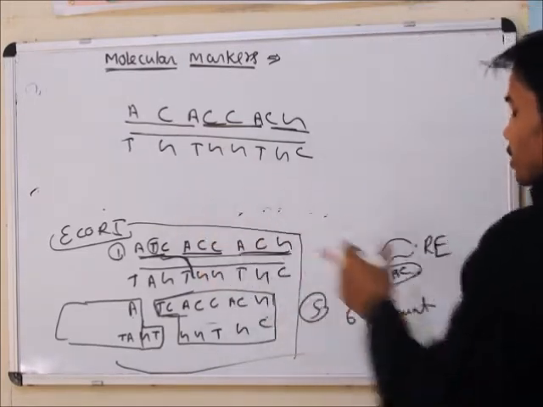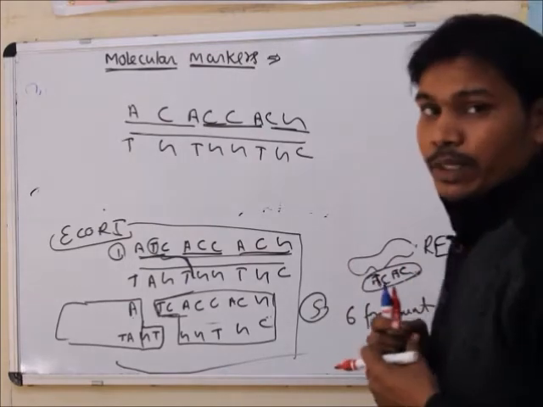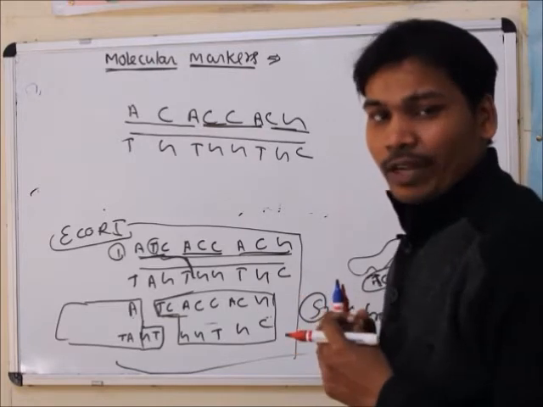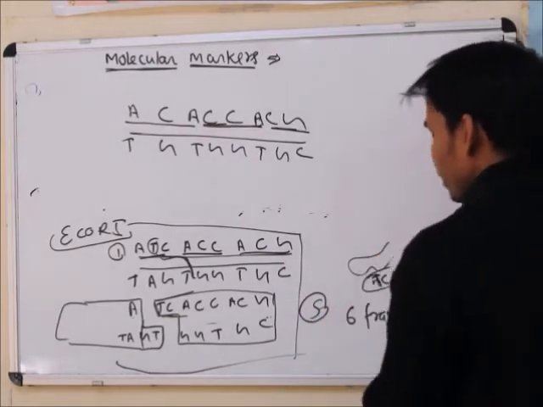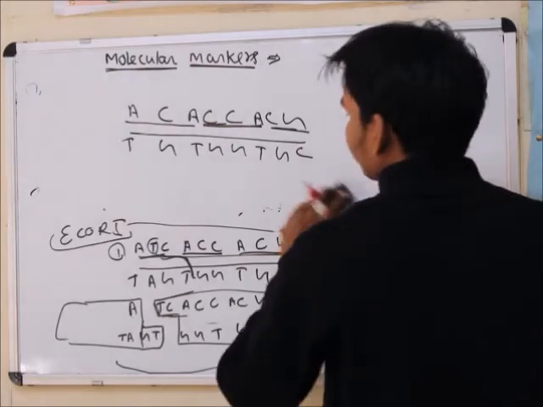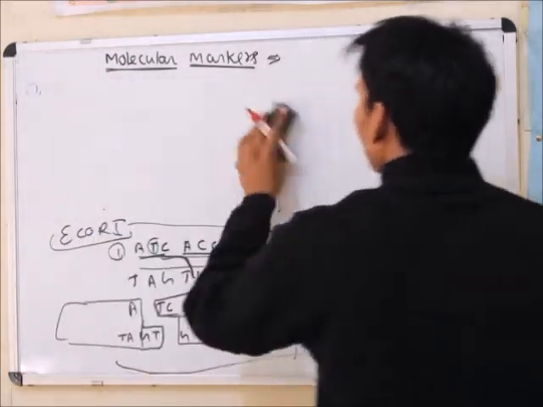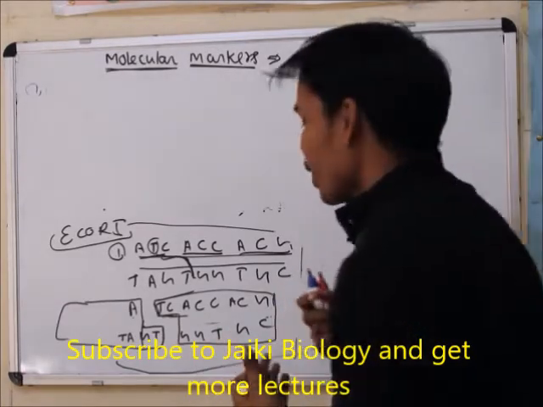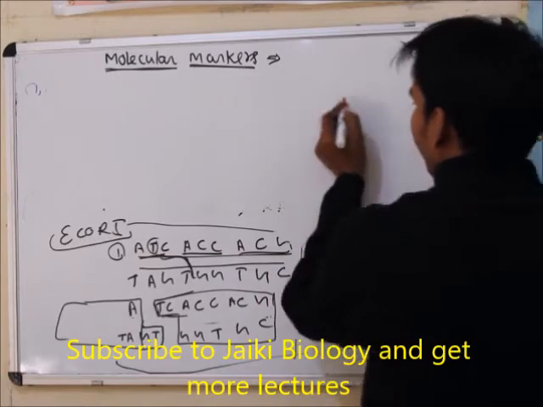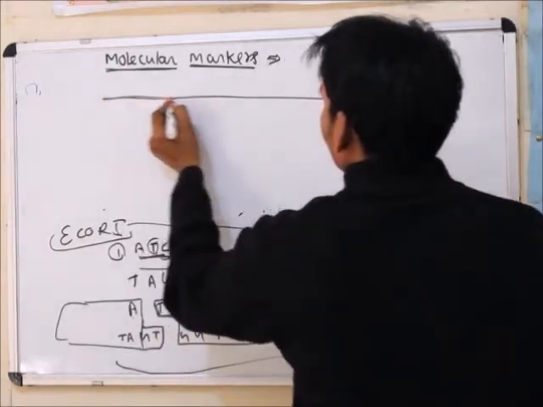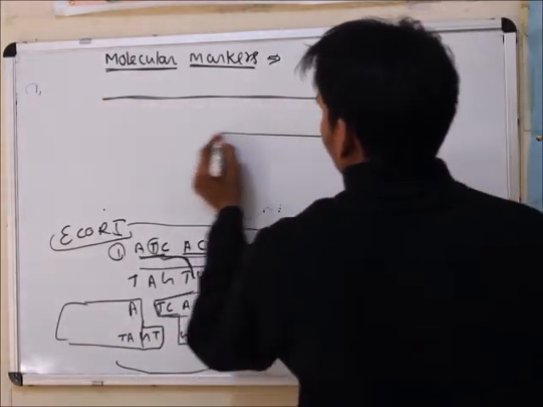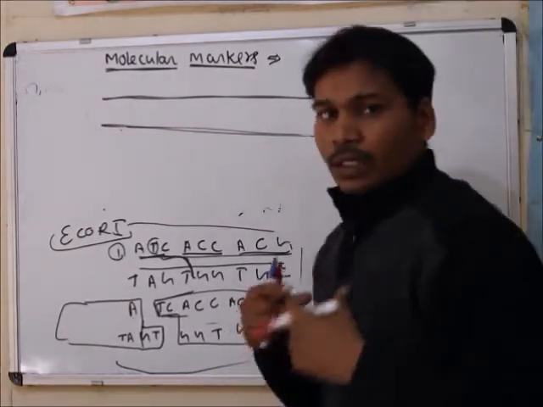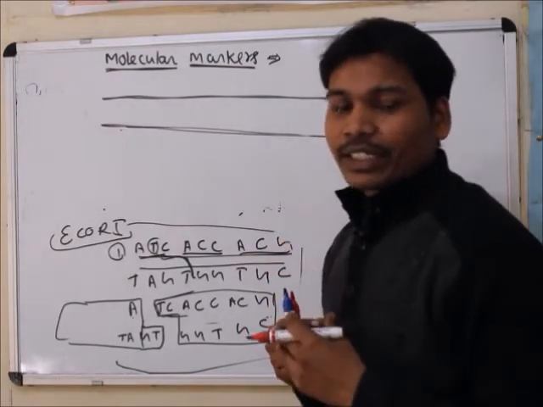I was taking the restriction endonuclease example of RFLP, restriction fragment length polymorphism. That is an example where a restriction enzyme was used. I am also taking the example of RAPD. RAPD does not require restriction endonucleases. Suppose this is my sequence, and for RAPD a primer is designed synthetically.